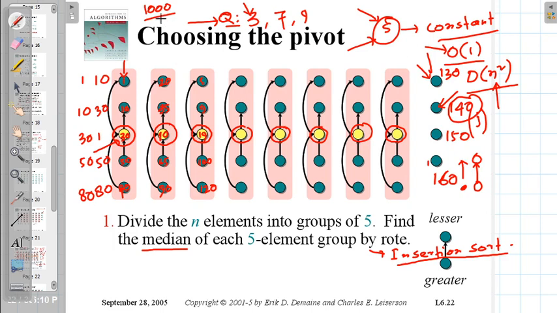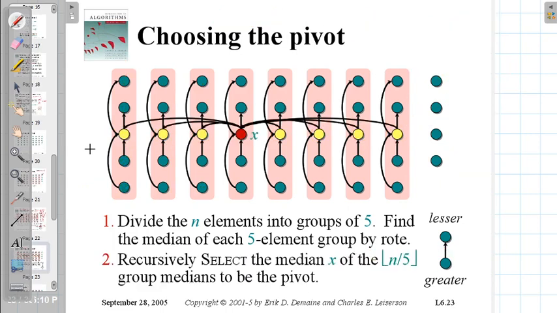So we are having 1000 divided by 5, that is 200 such groups. One group will be providing one median, so 200 such medians we will be having. Then what we have to do is find the median of these medians. We have to recursively select the median x of the floor of n by 5 group medians.